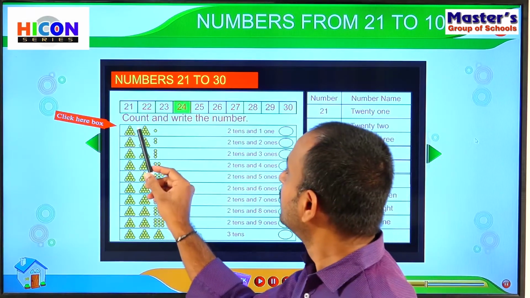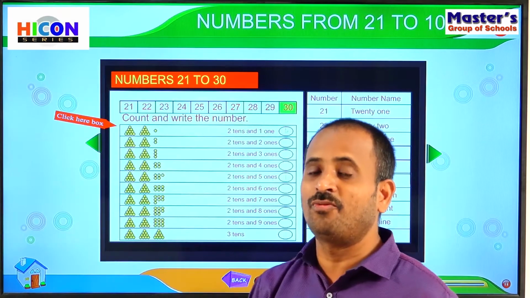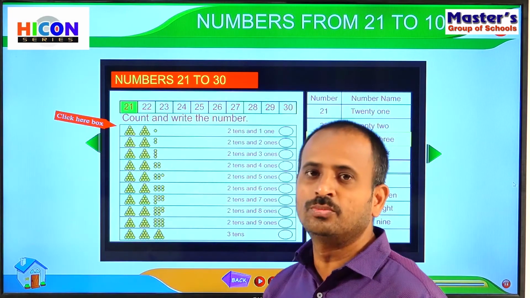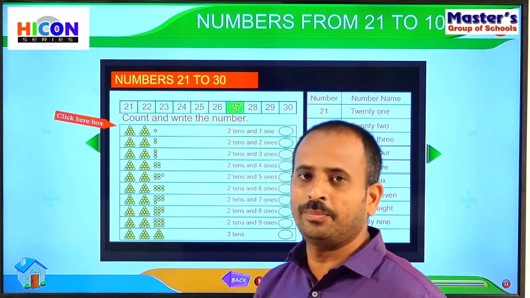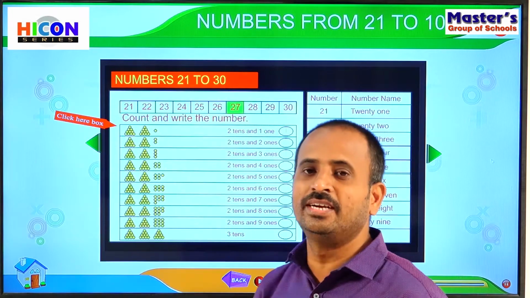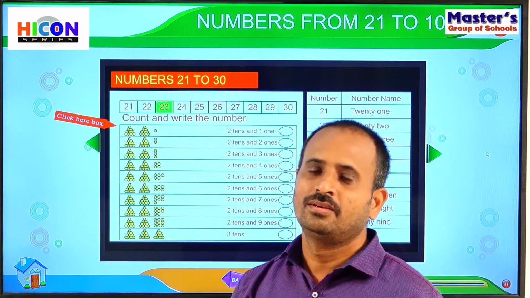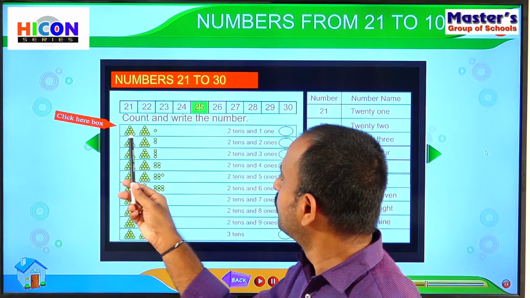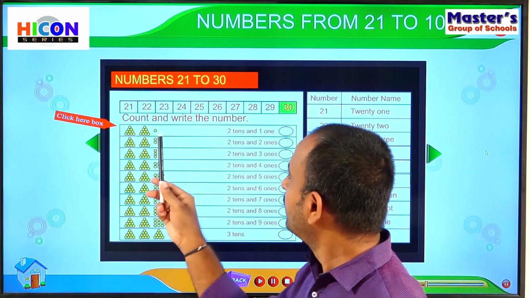That means each group represents 1 ten, and a single ball represents one. Remember, each group represents 1 ten and a single ball represents ones.